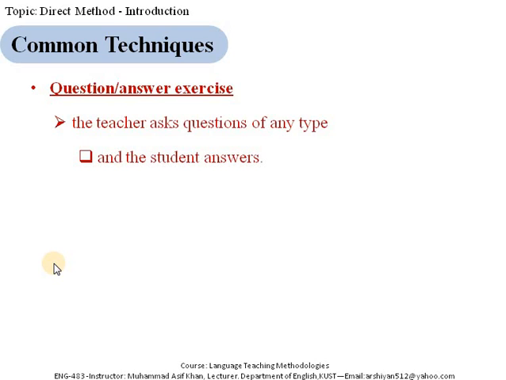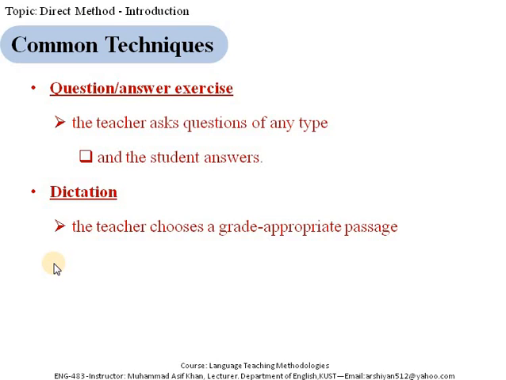But for developing the other skills of the language, like writing skill or reading skill, we see that they use other techniques also. Like we see that dictation is also being used by the teachers of the direct method, and here the teacher chooses a grade appropriate passage and he reads it aloud. This also helps in improving the pronunciation of the students.